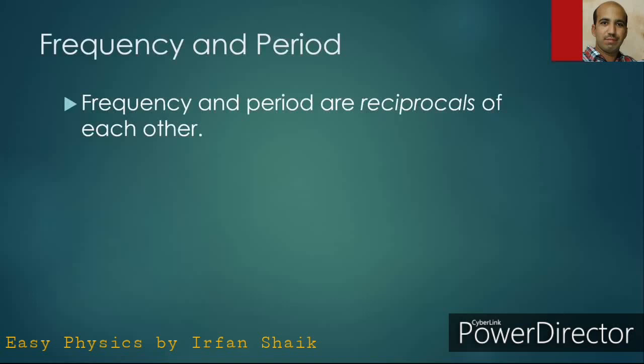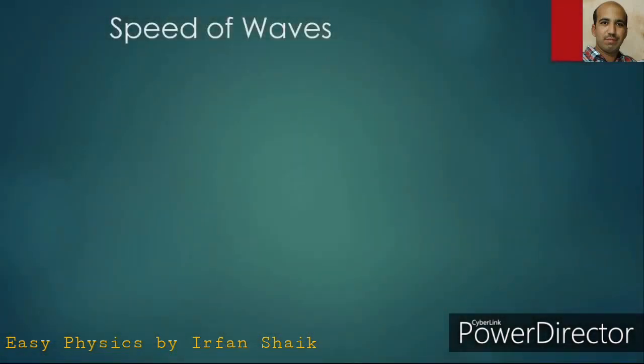Let's try to show them in an equation. f is equal to 1 by T, or T is equal to 1 by f. And finally, we discuss the speed of a wave. Speed of a wave represents how quickly a wave travels from one place to another.